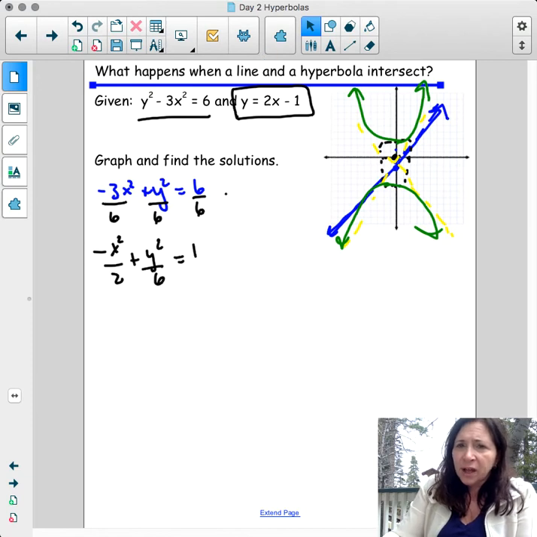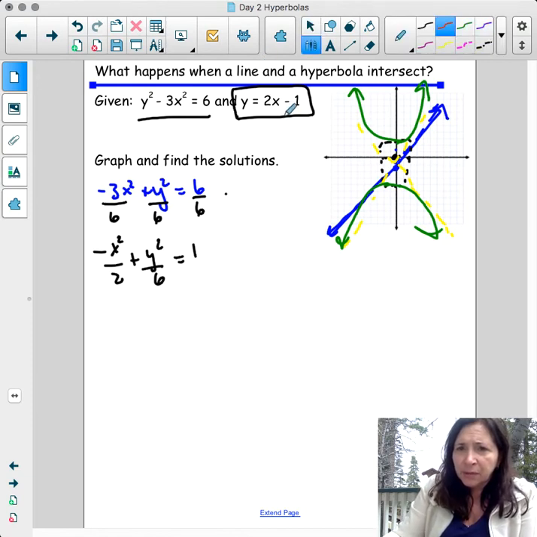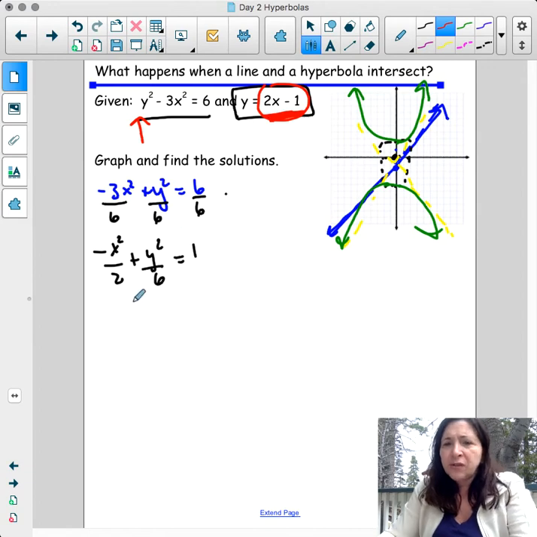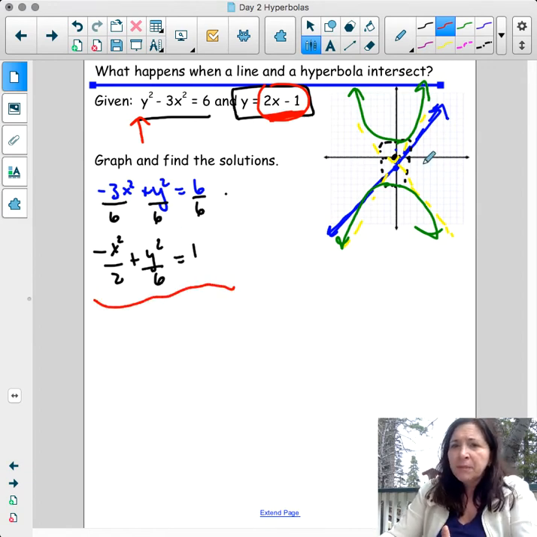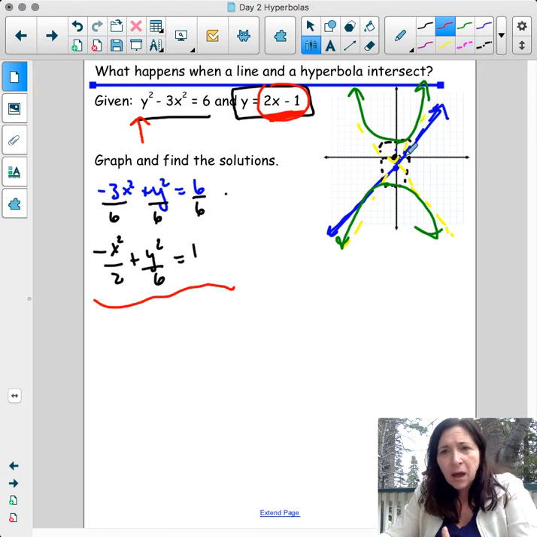And by solving this algebraically, what I'm going to do is plug in my y equation, what y equals, in here for y. And I'm going to try to solve this system of equations and try to find the intersection between my hyperbola and my line, if there is any at all.